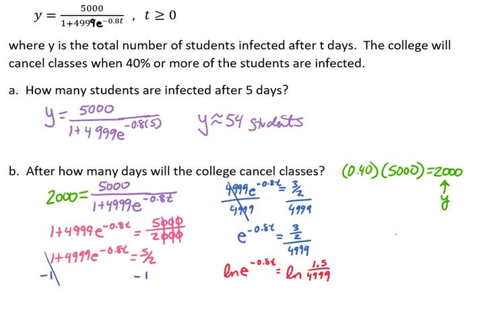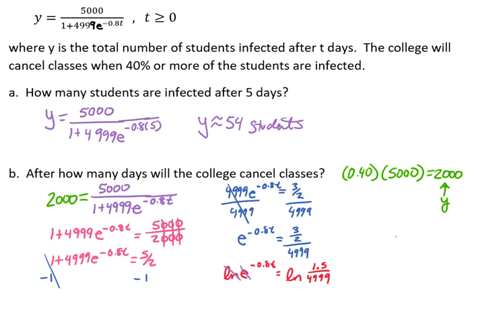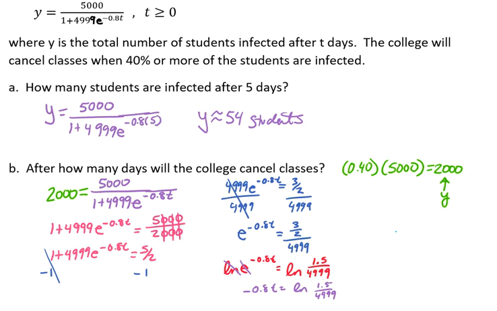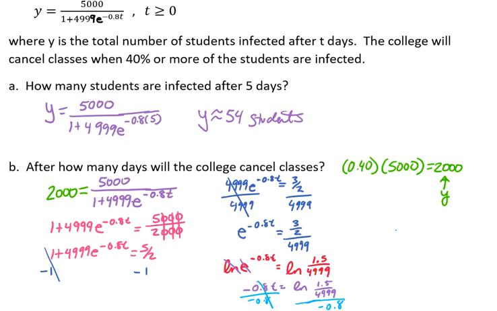By taking the natural log of each side, the natural log and the e cancel each other out because they're inverse properties, which leaves us with negative 0.8 t equals the natural log of 1.5 divided by 4,999. From here, we'll divide both sides by negative 0.8 to isolate the t.